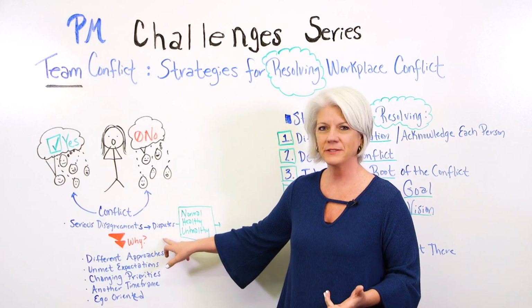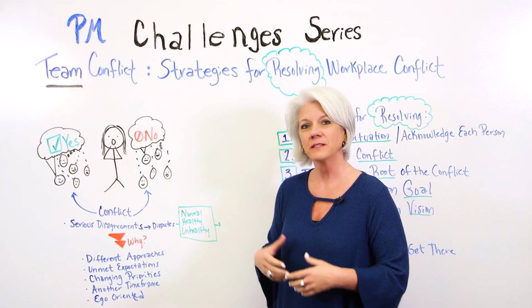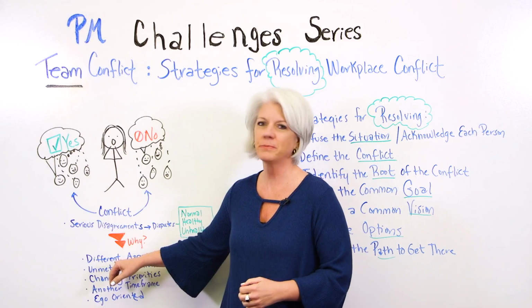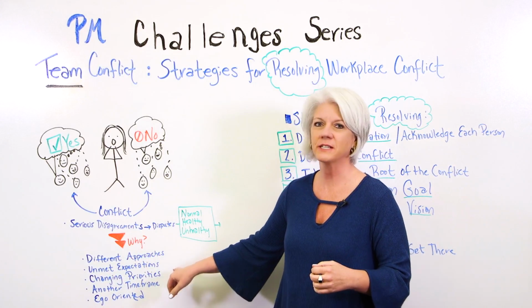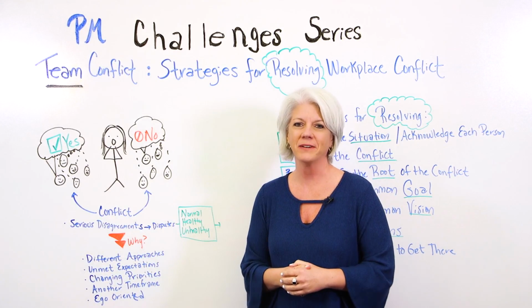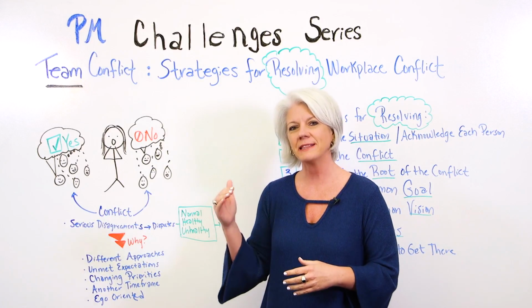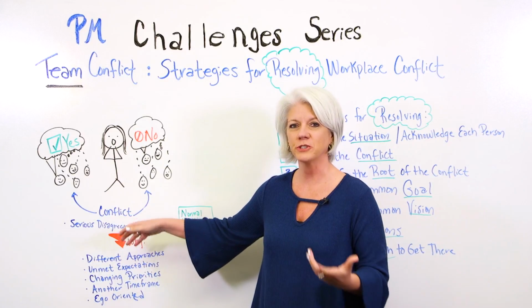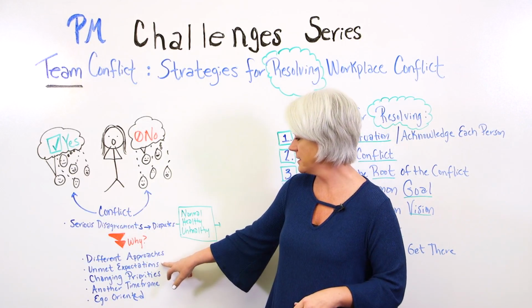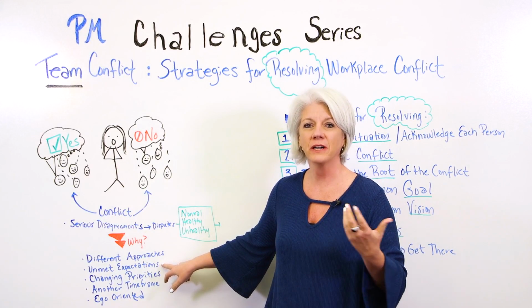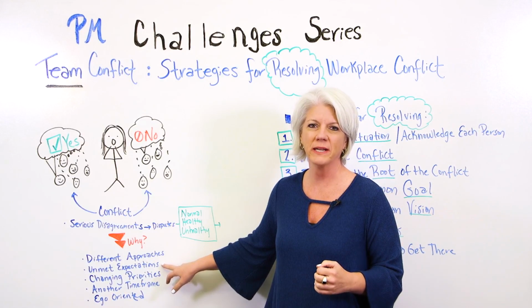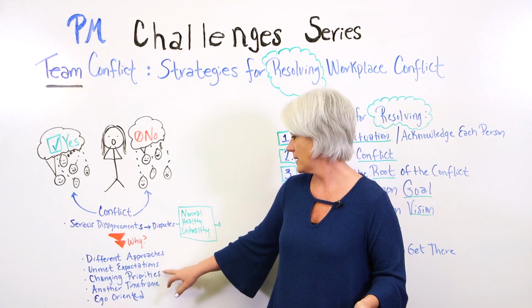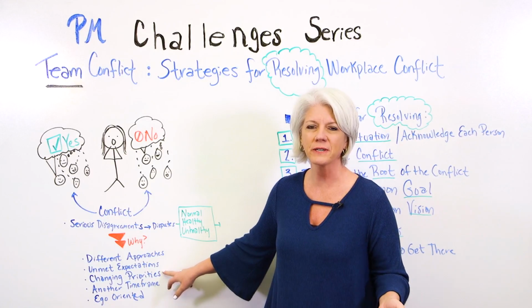So why do these conflicts occur? Sometimes when people have different approaches or different perspectives, maybe they have a different background and they're coming at things from a different angle, that sometimes generates conflict. Another time is maybe there are unmet expectations between groups of people. Sometimes there are changing priorities.